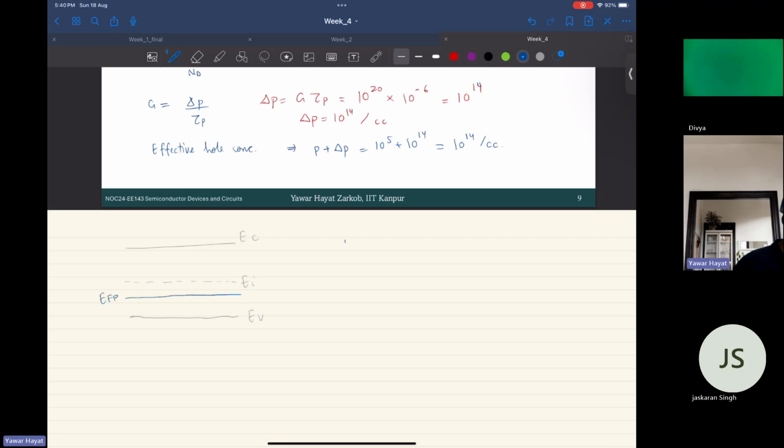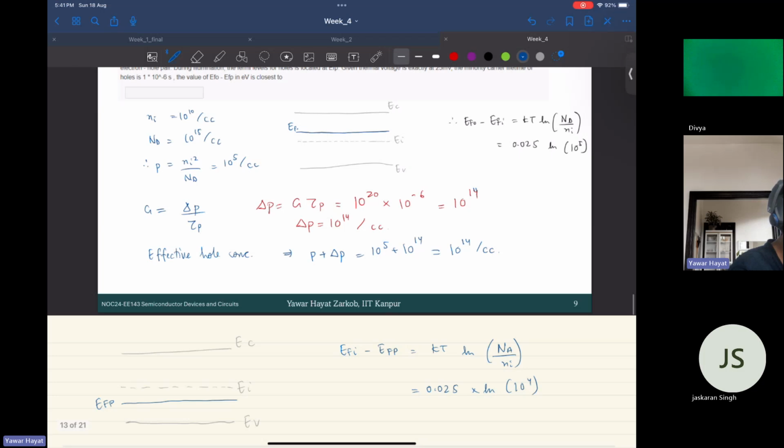So now again we'll write that EFI minus EFP is KT ln of Na by Ni, where Na is your effective hole concentration. So this should be 0.025 times ln of 10 to the power 4.